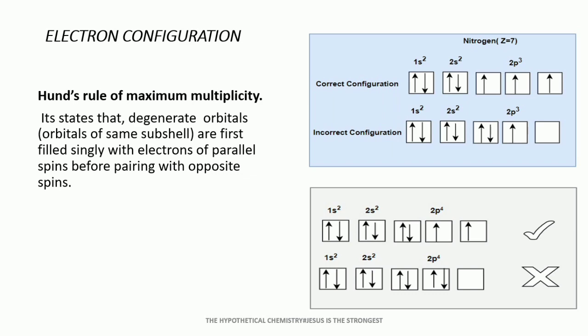Stay tuned for the board representation. I'm going to use the board to explain to you well how the questions under electron configuration are solved in the next video lesson.